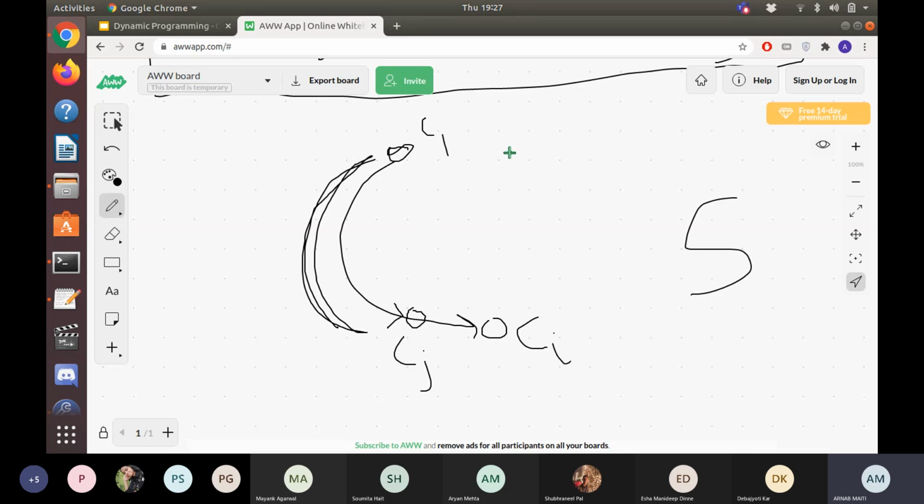So what we do is calculate OPT(S minus Ci, Cj), because we are excluding Ci, and it should end at Cj.